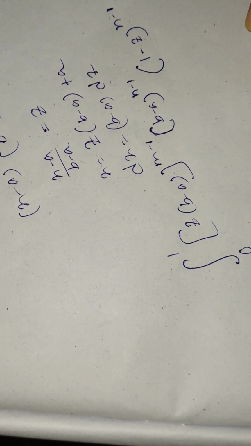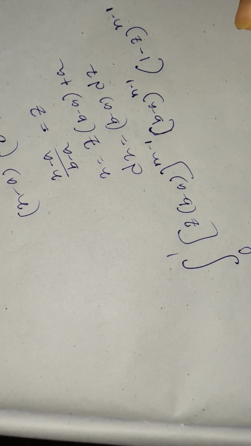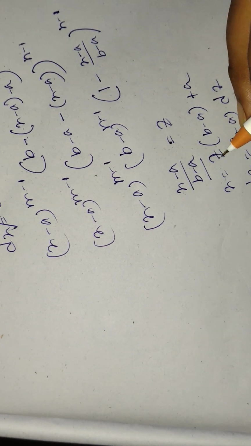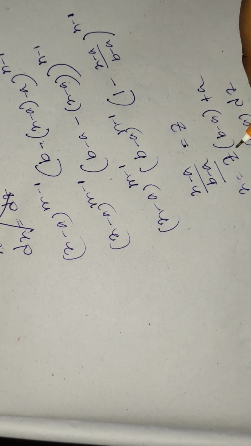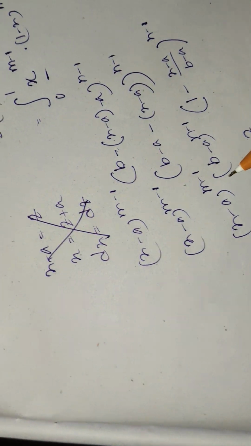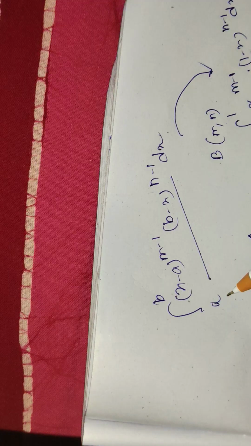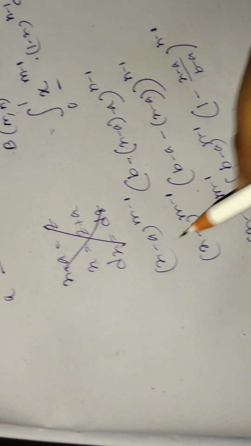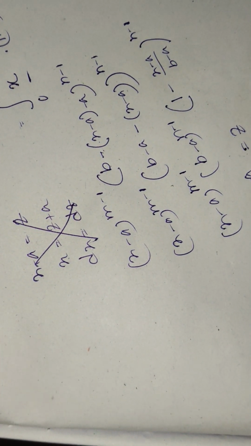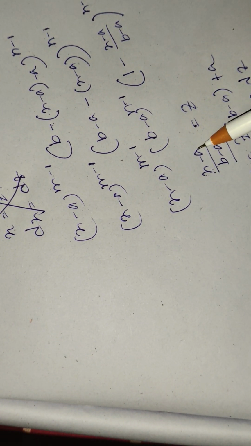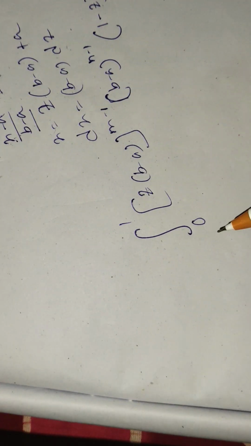Now why is the limit changed? The reason is this: if we put the lower limit at a, then a minus a will be 0, so the lower limit will be 0.